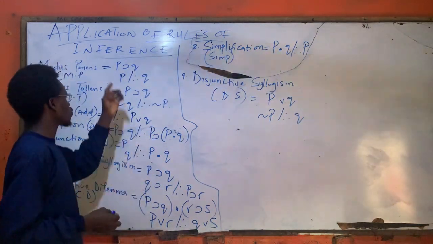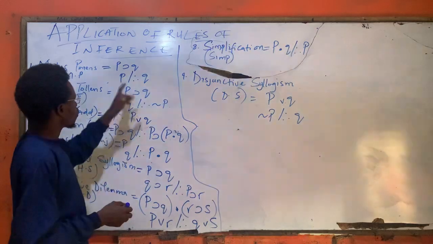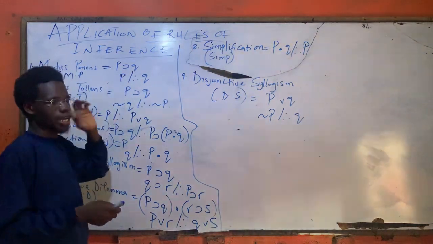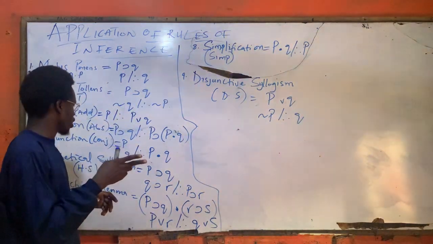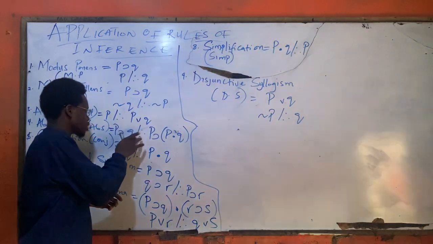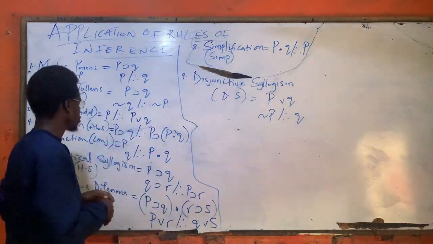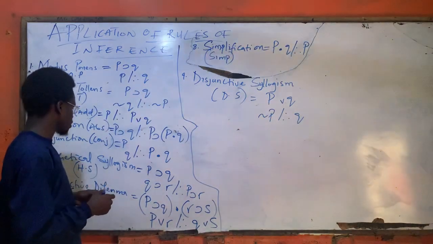You can't derive a conclusion with one premise using a rule that has two premises. When we start resolving arguments, we will understand.